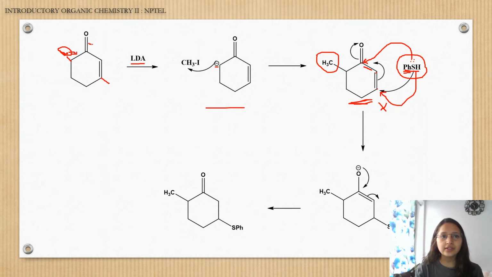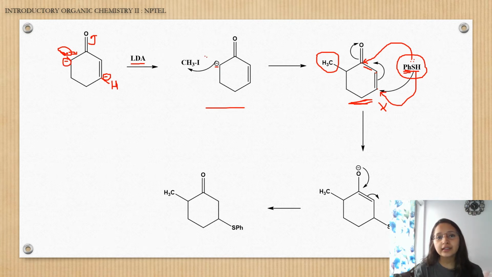But if you abstract this proton, there is no delocalization. Rather, you will end up having a carbanion at the sp2 center, which is not stabilized. That is why the proton abstraction happens from this side, and a carbanion is generated after the proton abstraction here.